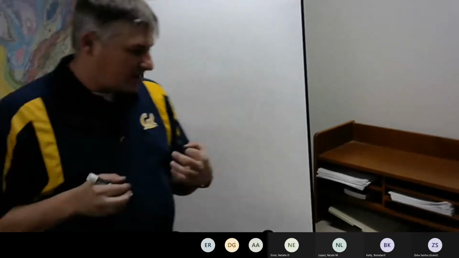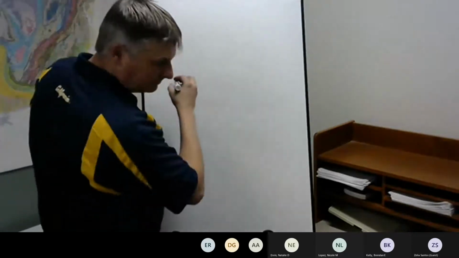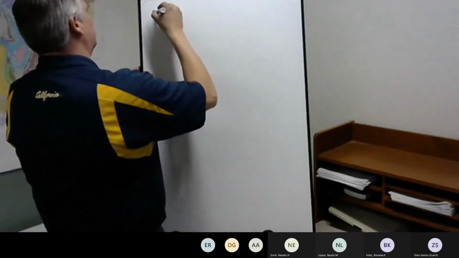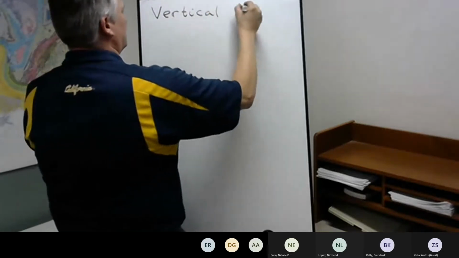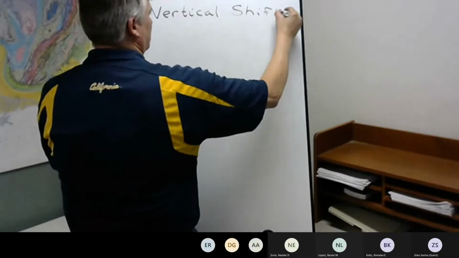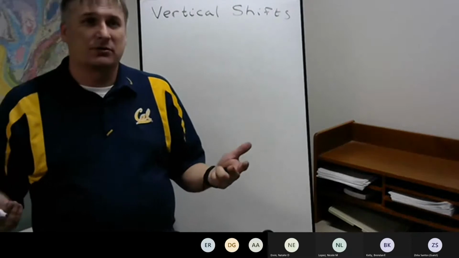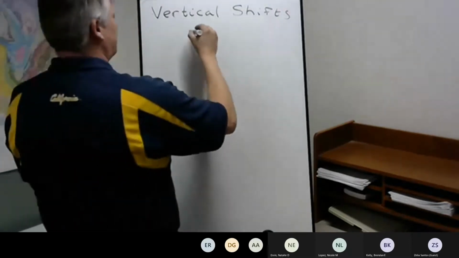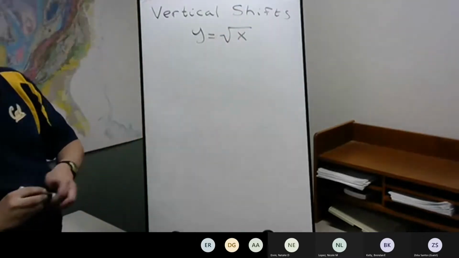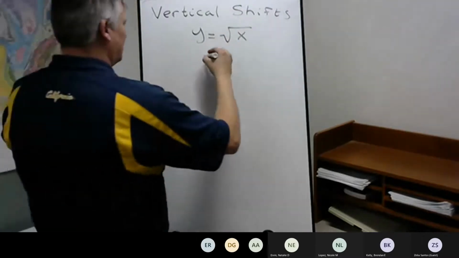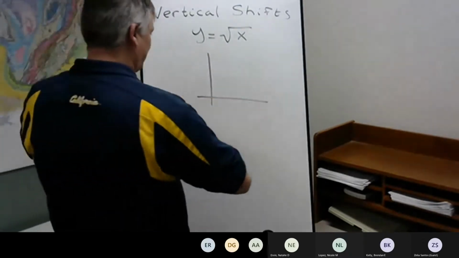So first off, let's take a look at vertical shifts. So for this, I'm going to use a canonical function, y equals the square root of x. And just to kind of bring it back to attention, it looks roughly like this.